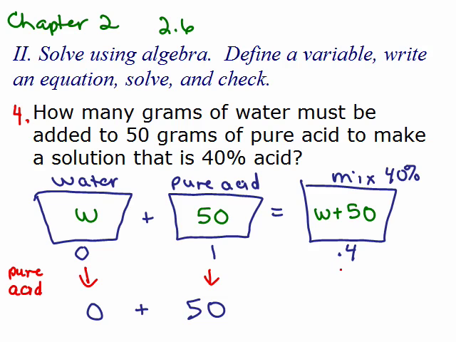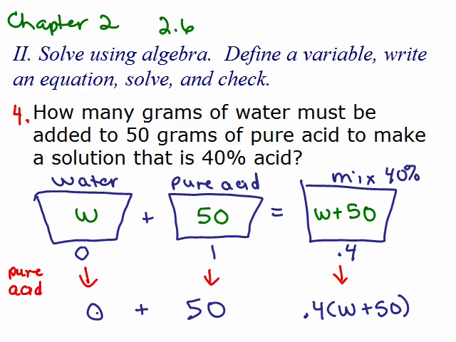Now how much is in the mixture? Because we're adding these together, the amount of acid in each of these containers should end up being the same amount of acid over here. So 0 plus 50 is how much acid there's still going to be from these two containers. How much acid do we want in the mixture? We want 40% of W plus 50, so that's 0.4 times W plus 50.